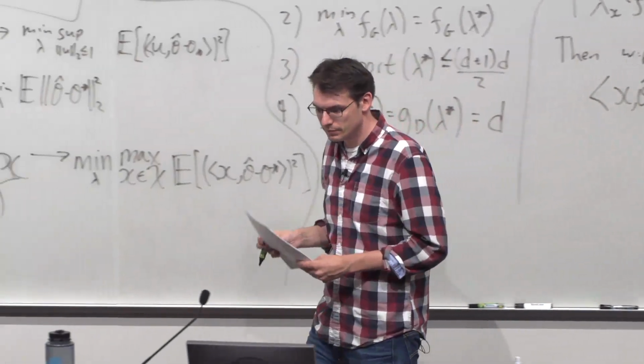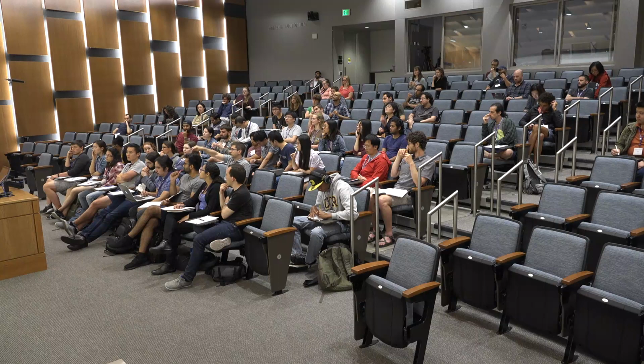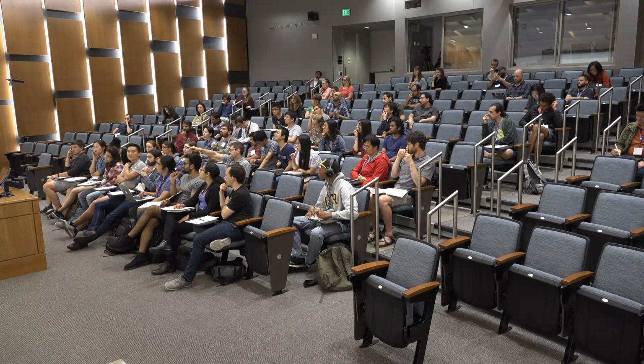Yeah? So I'm still trying to understand the Kiefer-Wolfowitz theorem. That big delta of x, I guess I thought it was like a convex hull of x or something. It's this.